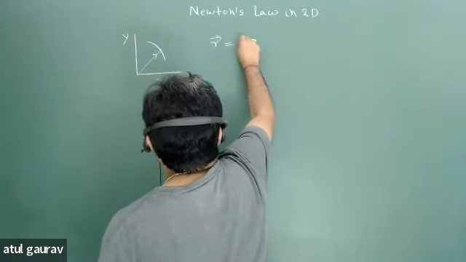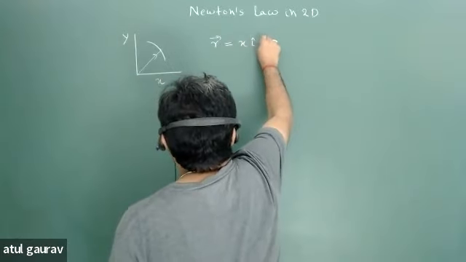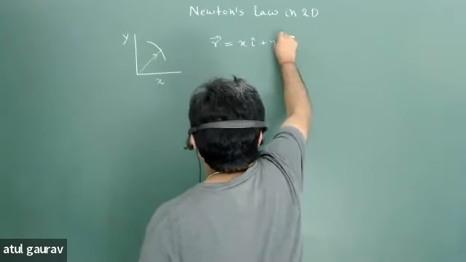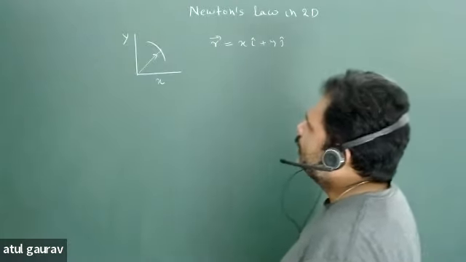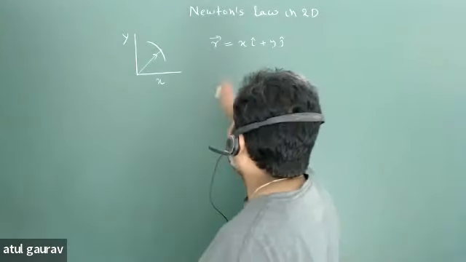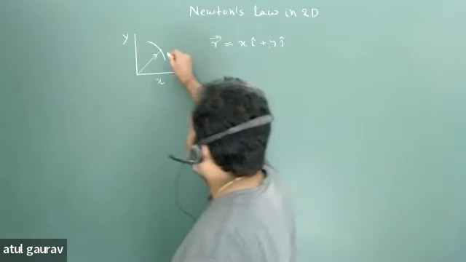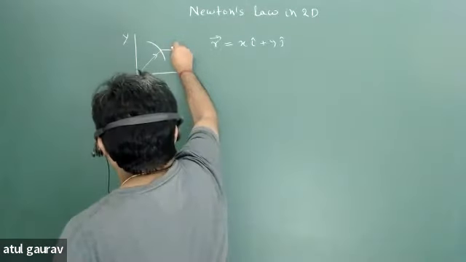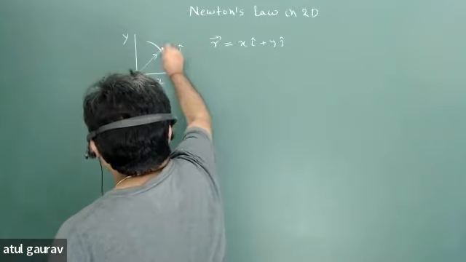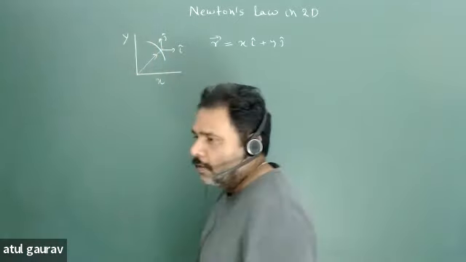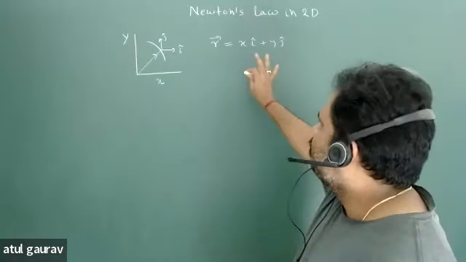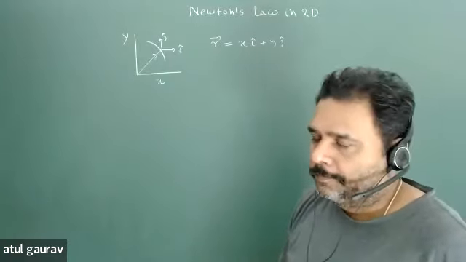And this position vector is what? x i plus y j, isn't it? And what is the direction of this particular position vector? i cap and j cap. These are two unit vectors along the x direction and along the y direction. So this is in a Cartesian coordinate.